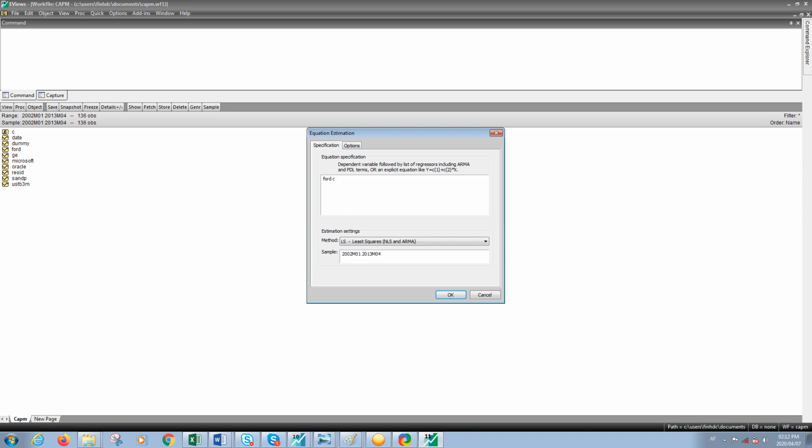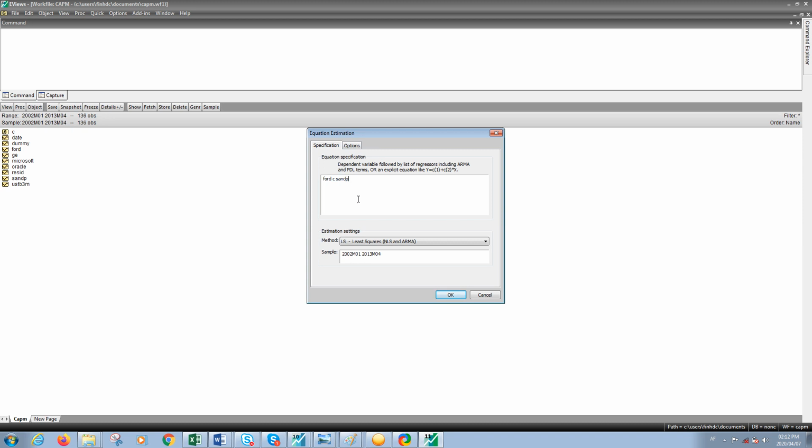C is our constant. We always have C there. We always have our coefficient there. So C is our constant, followed by our independent or explanatory variable, which in this case is our Standard & Poor. So this is our simple regression case. We've got our Ford, which is our dependent variable, C for our intercept, and your S&P as our explanatory. And this you do for anything.